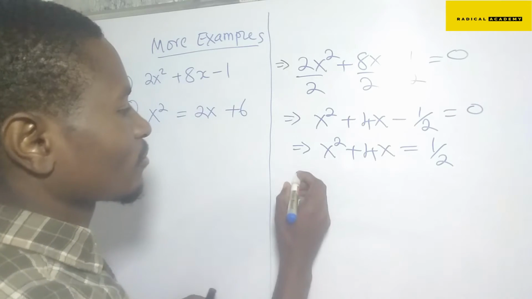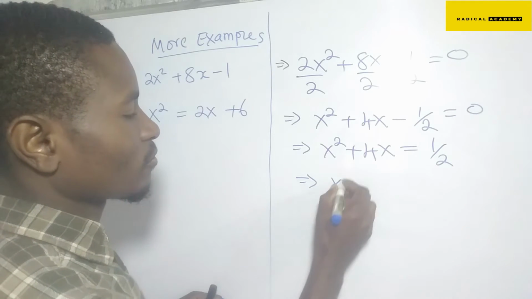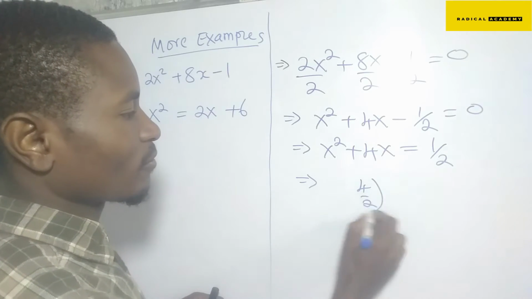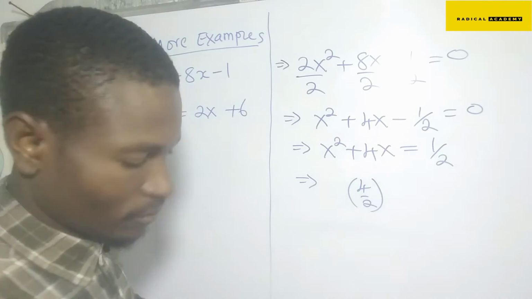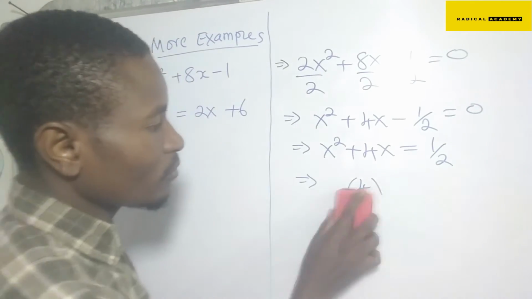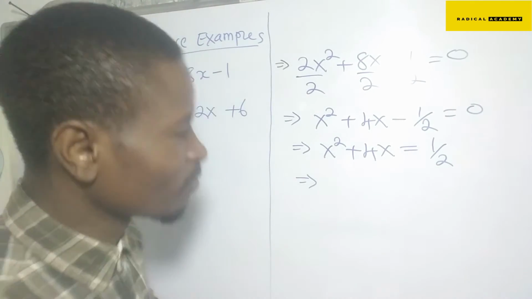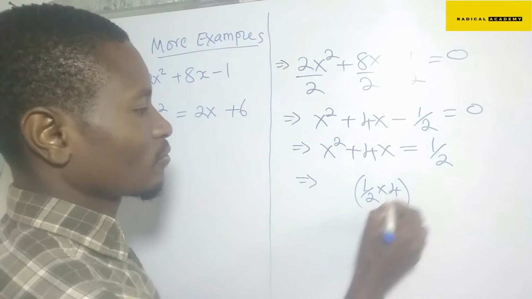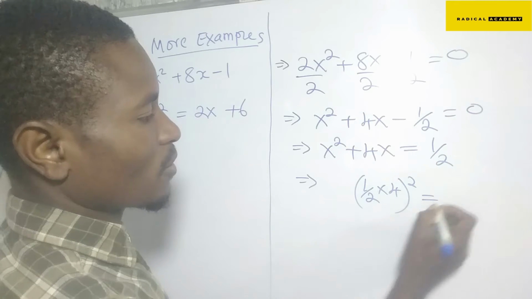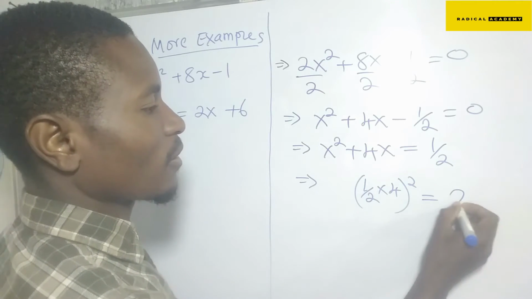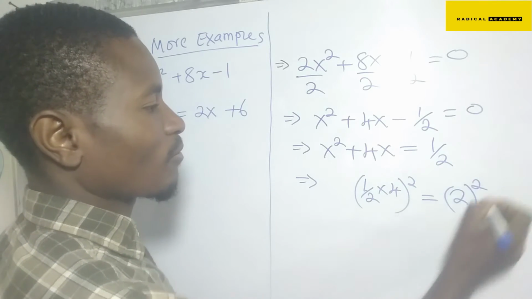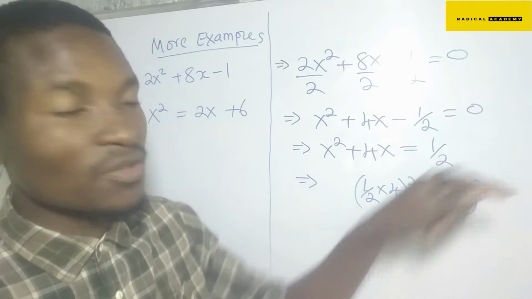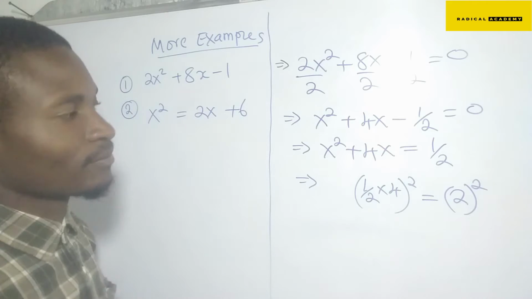So this is going to be just half. Half of 4 is 2, and then you square it.